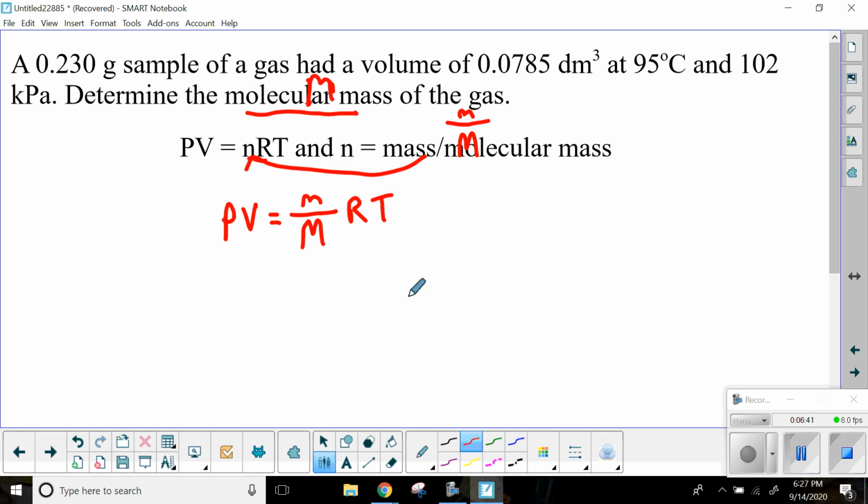So I'm going to multiply both sides by big capital M. And that's going to move M from the right side to the left, putting it in the numerator. And then I'm going to divide both sides by pressure and volume.